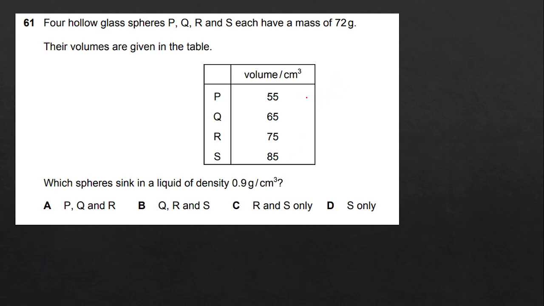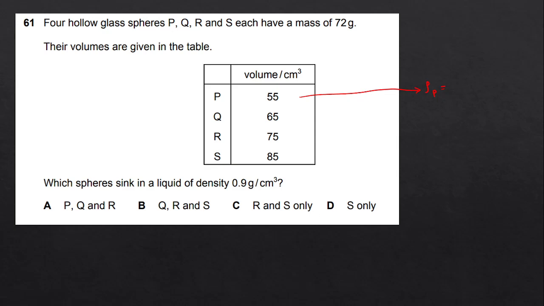If I take volume as 55, the density of P will be the mass of P divided by the volume of P. Mass of P is constant, so 72 divided by 55.